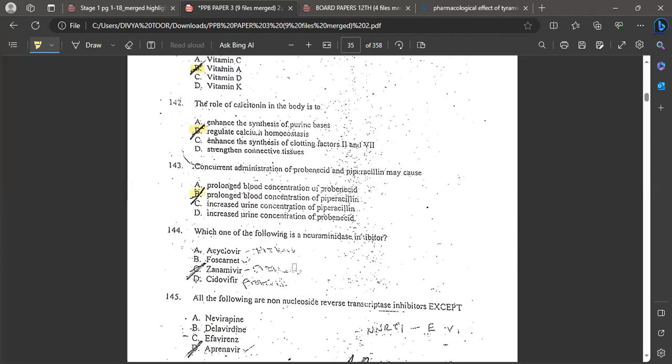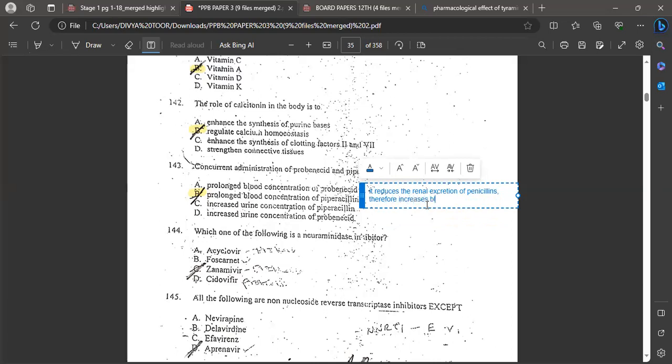Reason? It reduces renal excretion of penicillins as a whole, so it increases blood concentration of the penicillins. Nice, thank you. You're welcome.